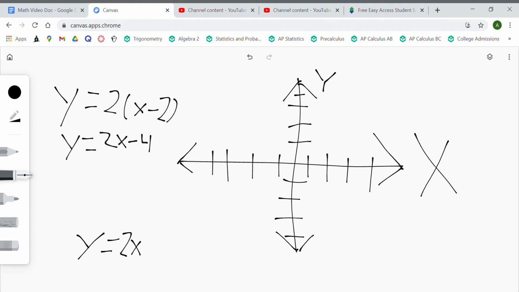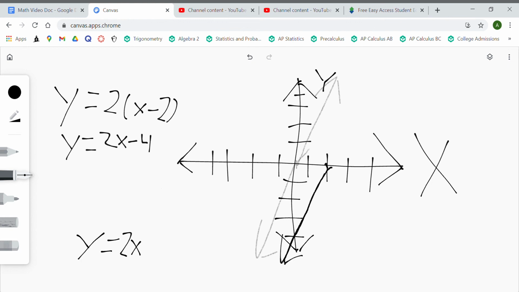So this is our general function here. And then the horizontal translation would be right here, and then connect to the y-intercept.